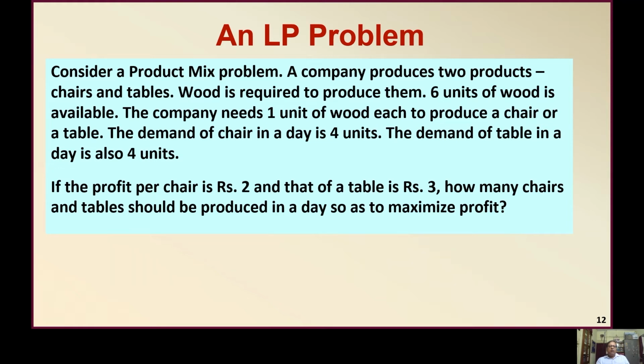Now, what should be some constraints? First constraint: demand for a chair is 4 units, so x1 should be less than or equal to 4. And demand for a table is also 4 units, so x2 should also be less than or equal to 4. Now wood is required to produce them and only 6 units are available, and 1 unit of wood is required for a chair or a table. That means x1 plus x2 should be less than or equal to 6.